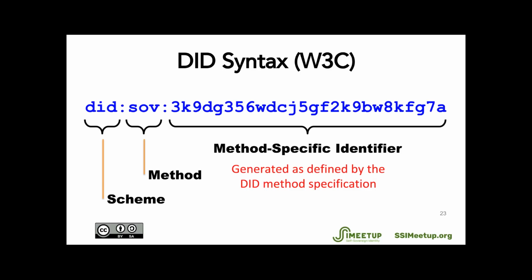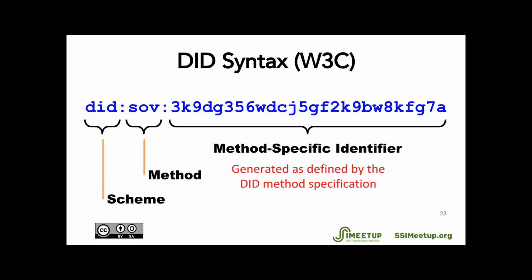It's generated at the edge. In Sovrin, your DID is a base 58 encoding of the first half, the first 128 bits, of an Ed25519 verification key. So Sovrin uses elliptic curve crypto in the Ed25519 family. When you generate a key pair, it takes the first 128 bits of your verification key, your public key, and encodes it, and that's the 22 characters that become your DID.